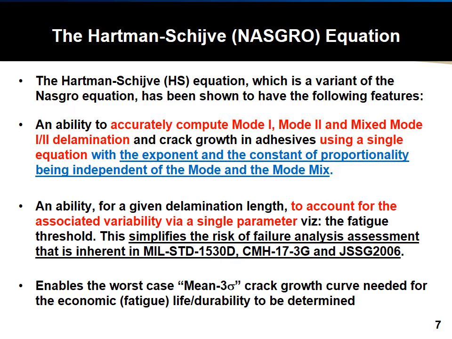An ability, for a given delamination length, to account for the associated variability via a single parameter, namely the fatigue threshold. This simplifies the risk of failure assessment that's inherent in MIL Standard 1530D, CMH-17-3G, and JSSG 2006. It enables the worst case mean minus 3 sigma crack growth curve needed for economic life assessment to be determined.